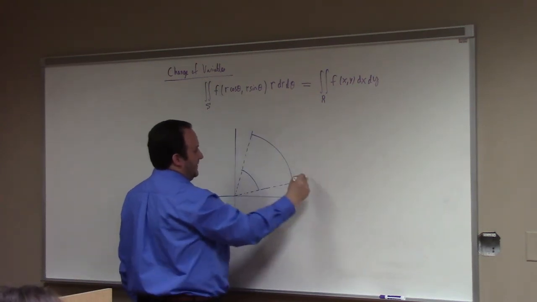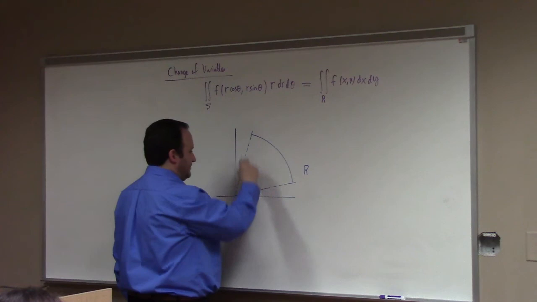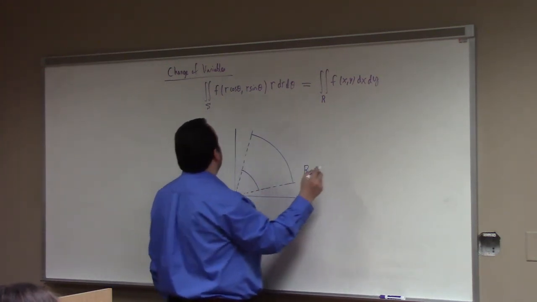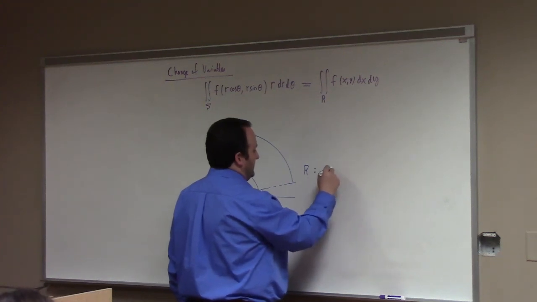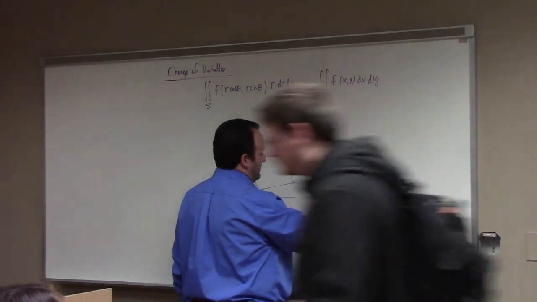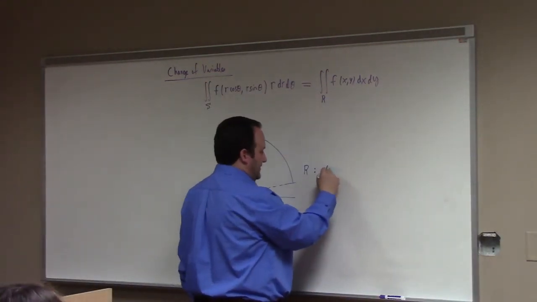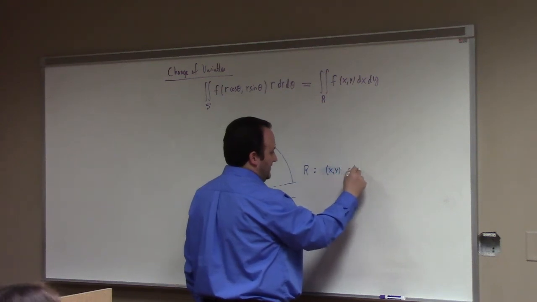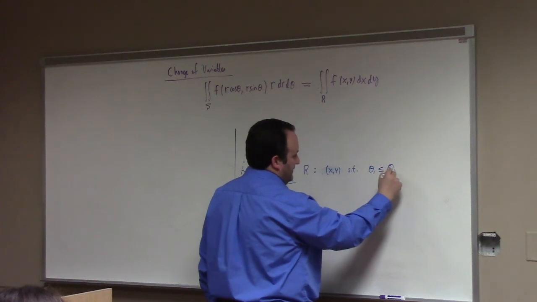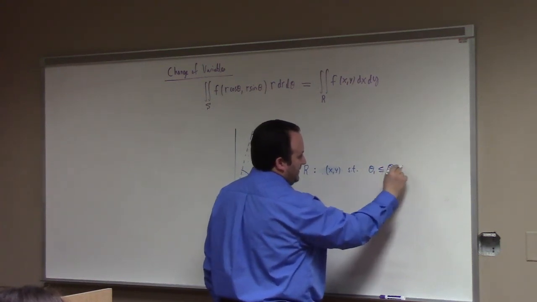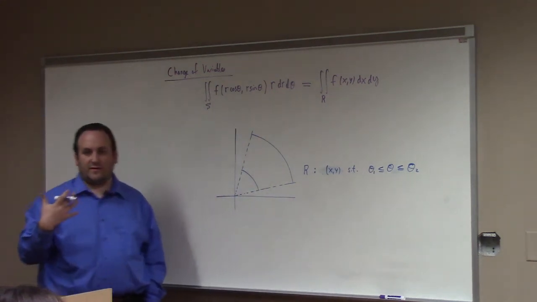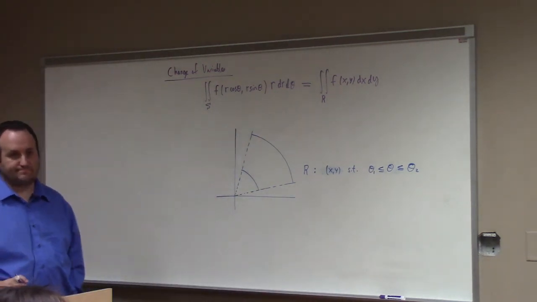This is actually my R. In other words, if we describe it in polar coordinates, R is the set of x comma y such that theta 1 is less than or equal to theta, which is less than or equal to theta 2, where I'm talking about the polar coordinate theta of that point x y.